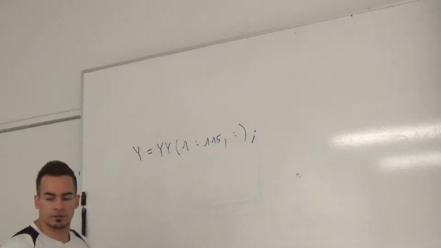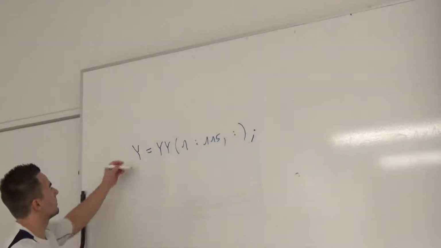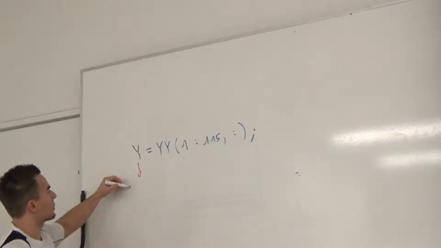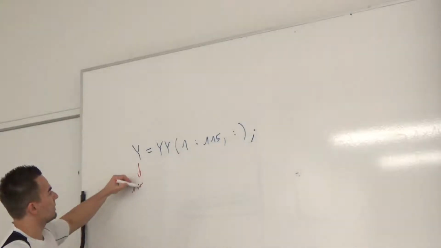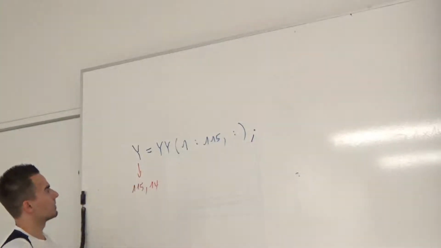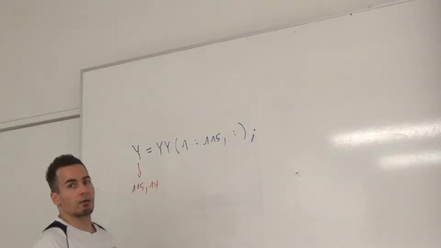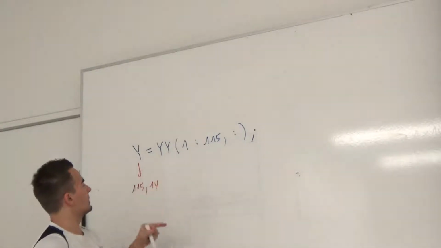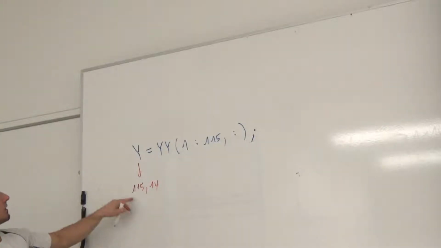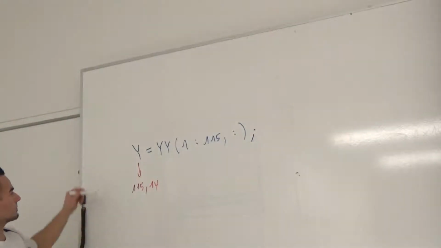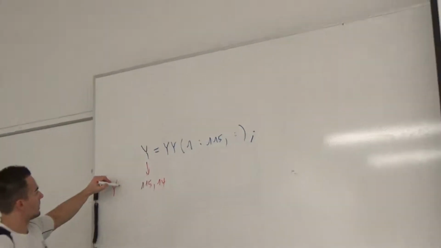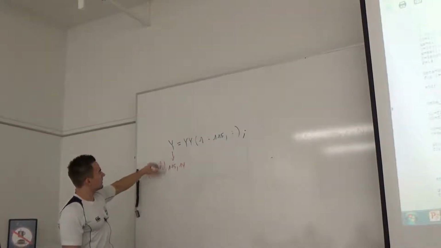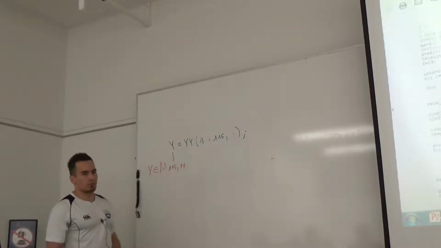So this matrix that we defined, our Y matrix, has a dimension of 115 by 14, right? Because for all columns, we have 14 columns. And rows 1 to 115 is 115, obviously, so Y is an element of a 115 by 14 matrix.